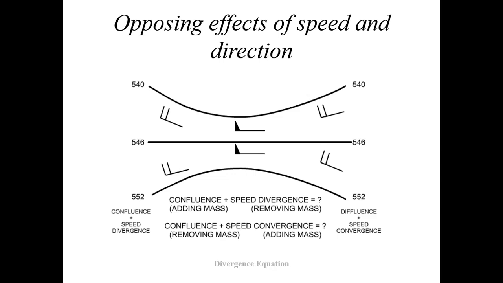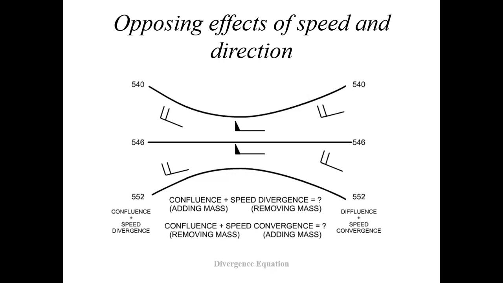If I were to position myself between the first set of wind barbs on the far left and the middle set of wind barbs, if I were to draw a point in between those two, you can see there's 50 knots of wind in the center, and there's only 20 knots of wind on the far left. So I have speed divergence in this case, where the mass is being pulled out of an area much quicker than it could be replaced.